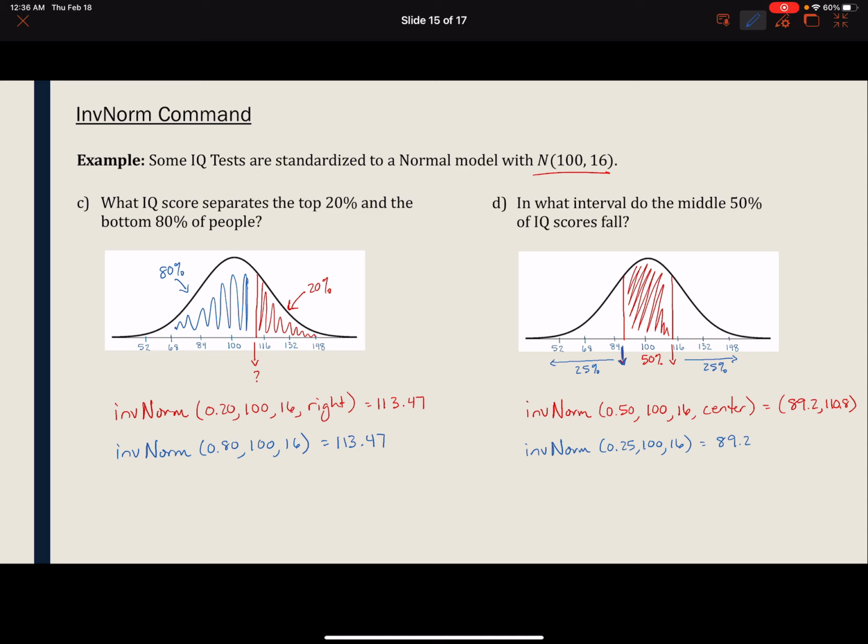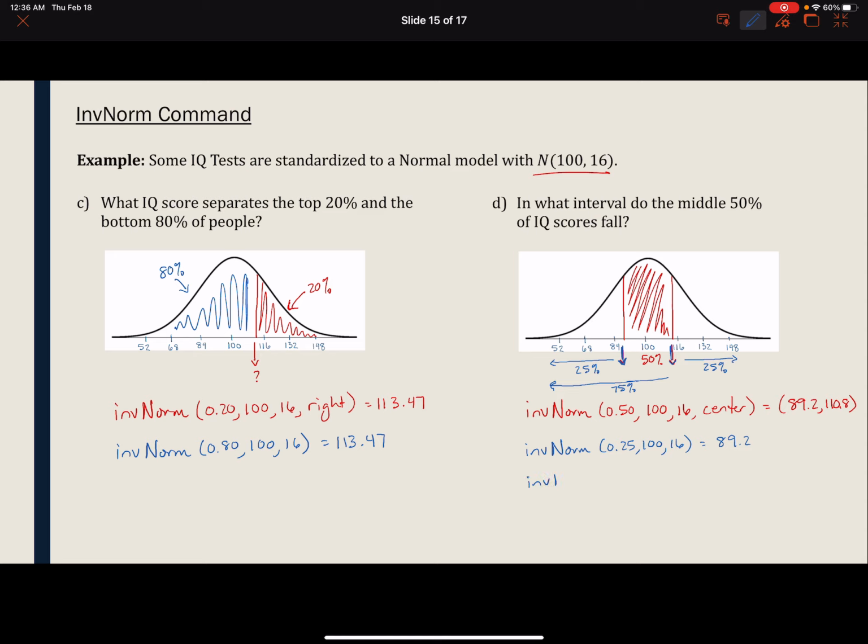Now I want to get the next value, the upper part of this interval. And if I want the upper part of this interval, then the left area is this 50% plus the 25%, giving me a total of 75%.